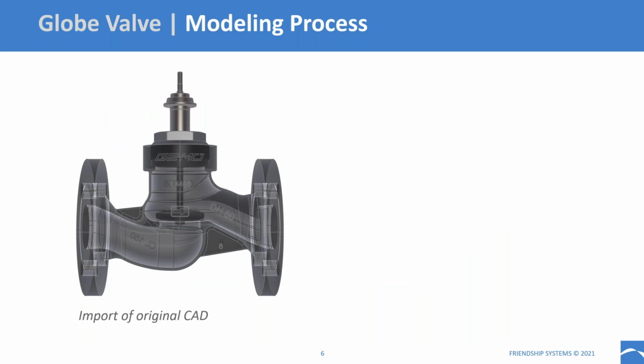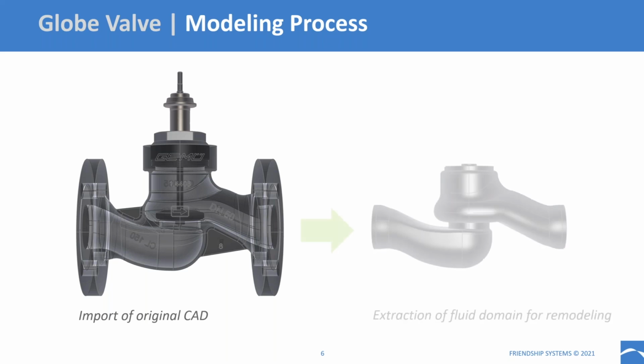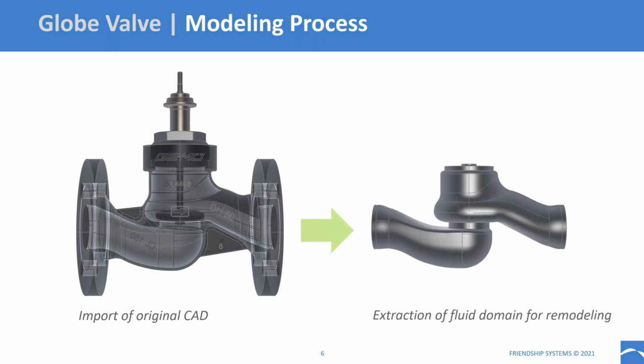And what we started with was an original CAD geometry, which was provided by Gemu, which you can see in the picture. And the first step was to extract the fluid domain, which is basically the part that we are simulating, with the goal of remodeling that part with a parametric model that we can use for optimization.